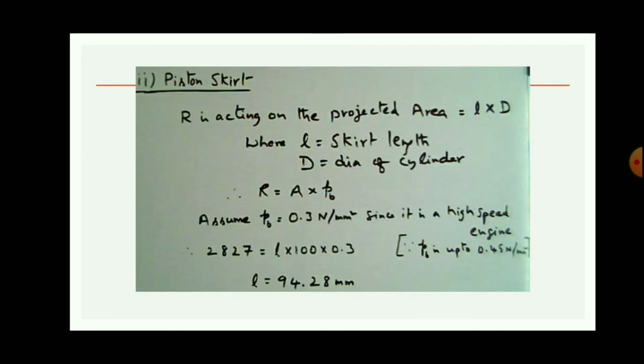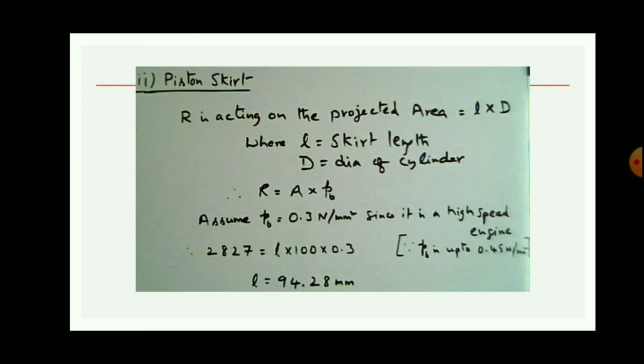Now R has another formula, which is A into PB, where PB is the bearing pressure, and for calculating A the formula is L into D. So R is equal to A into PB. We will be able to calculate A from L into D, which is given in the question.